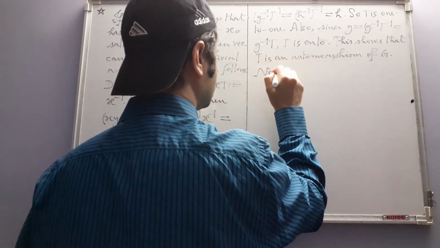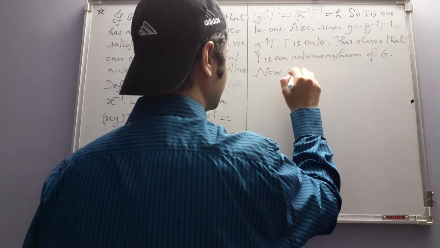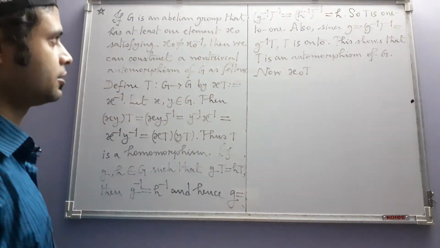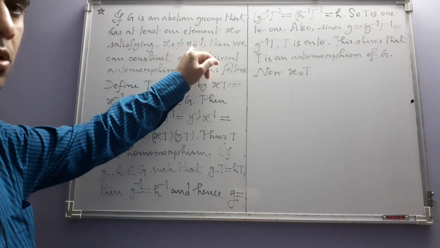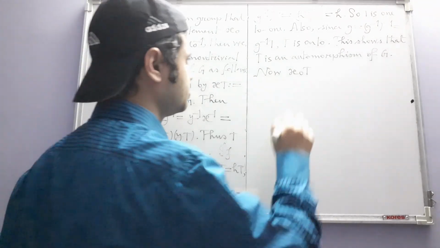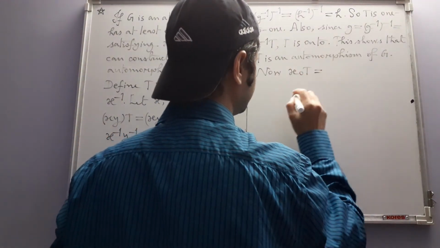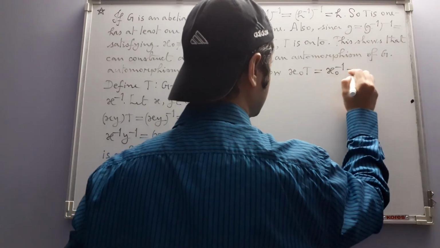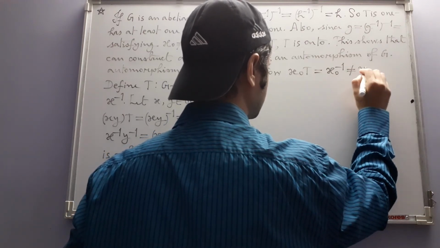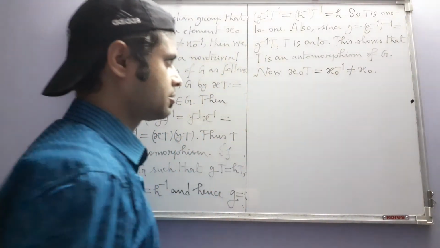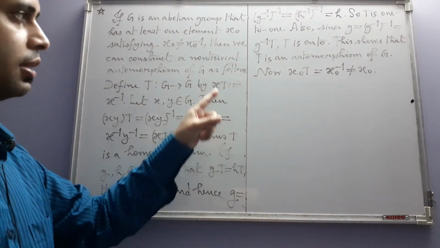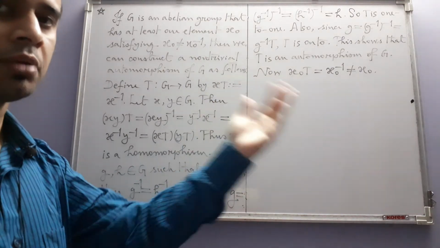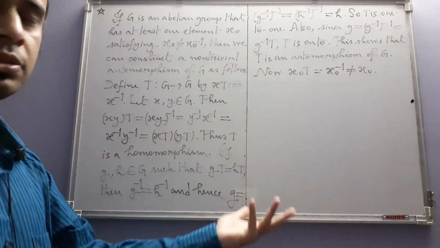Now, what happens when we apply T to that particular element x naught, which is not equal to its own inverse? Then by the definition of T, this is x naught inverse, which because of our choice of x naught is not equal to x naught. So that means there is some element x naught in G which T does not map onto itself.